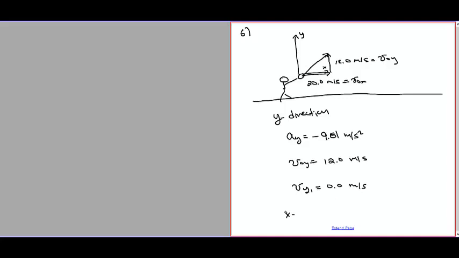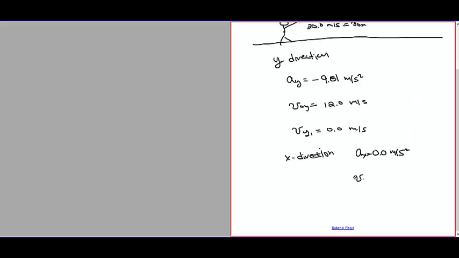Now in the x direction, we only need the velocity, because the acceleration in the x direction is 0 because it's constant velocity, and v0x is given as 20 meters per second.